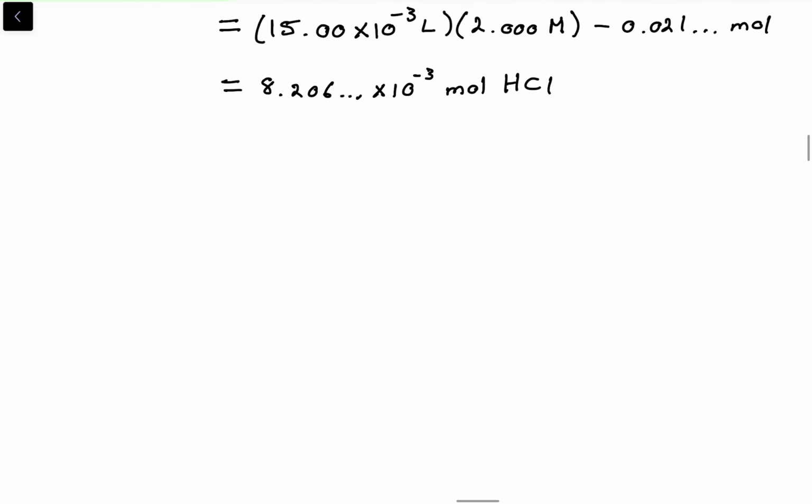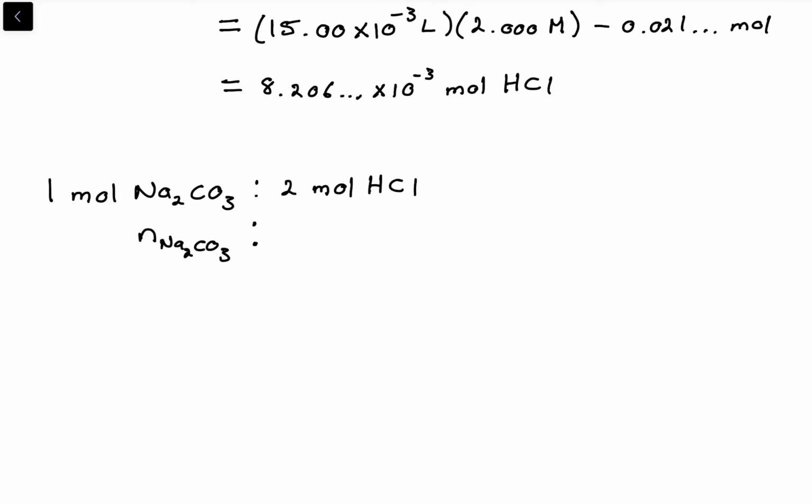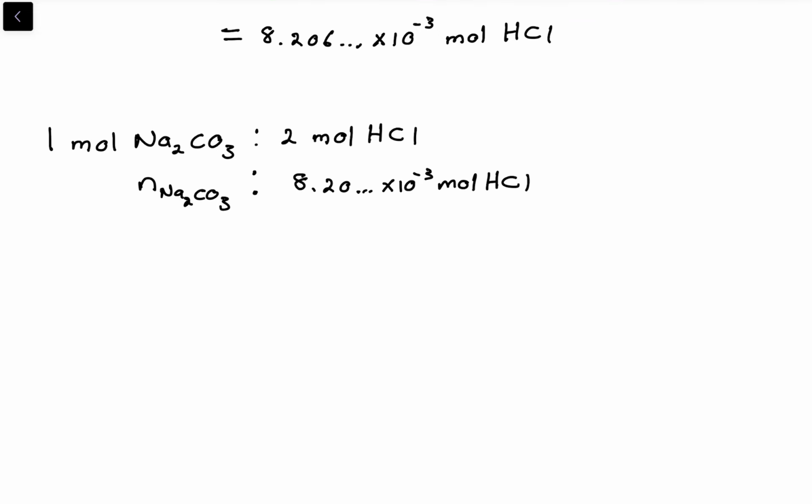And what do we know about that reaction? Well, we know that 1 mole of sodium carbonate reacts with 2 mole hydrochloric acid. We want to know how many moles of sodium carbonate, and we have 8.206 times 10 to the minus 3 mole HCl this side. So you can go and do the calculation.